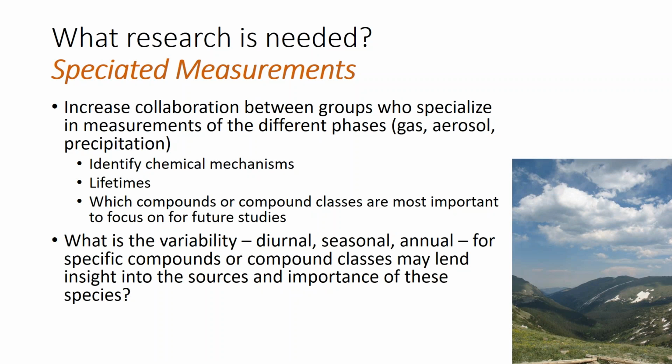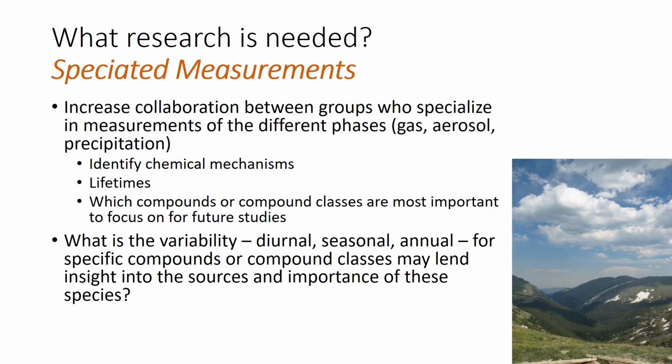And going forward, we really saw a need to increase collaboration between groups who specialize in measurements of the different phases. Often there are research groups that look just at aerosols and a little bit at maybe gases, but don't do comprehensive measurements, specifically in the organic nitrogen arena.